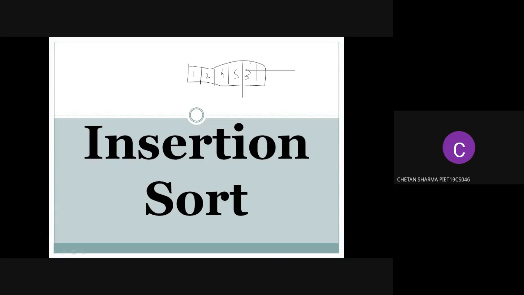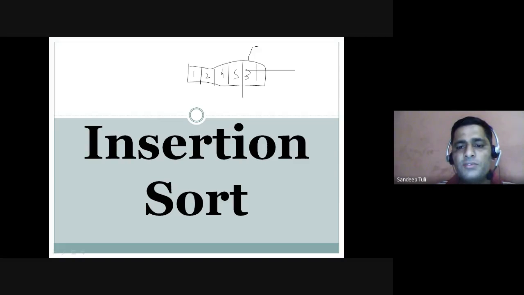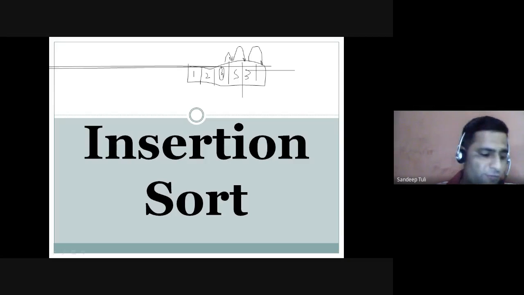Yes, we shift 3 to this vacant position, then 5 to this vacant position, then 4 to this vacant position, and then the position is available at 4, and we can insert the value 7 over there. This is how we do insertion in the array.